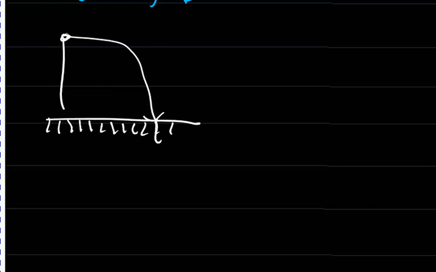In such a case, from the point where the object is thrown, the initial velocity is equal to 0, because the velocity will be increasing till it reaches the maximum velocity at the ground level.